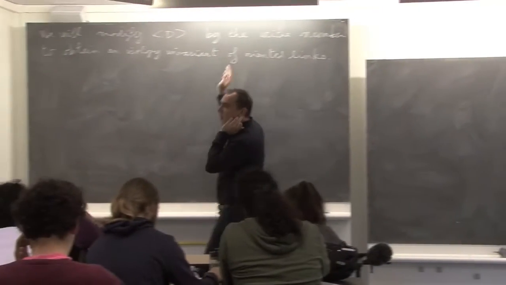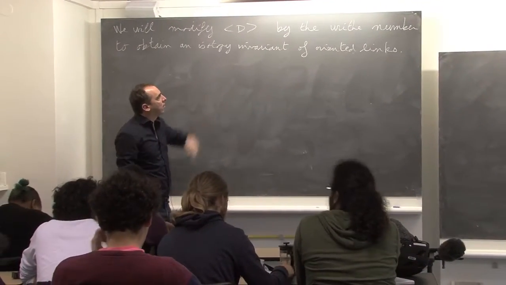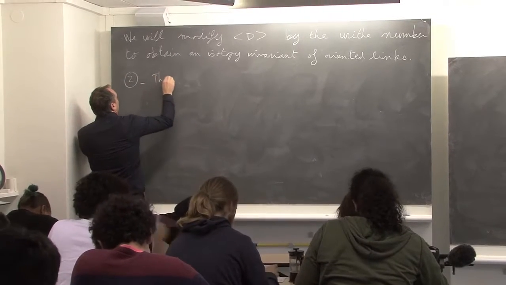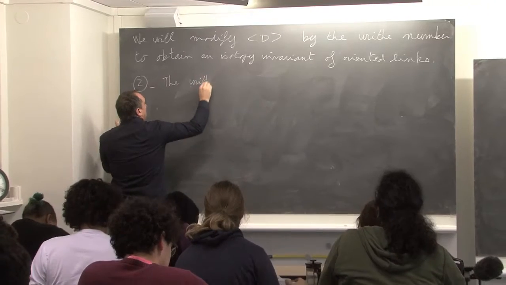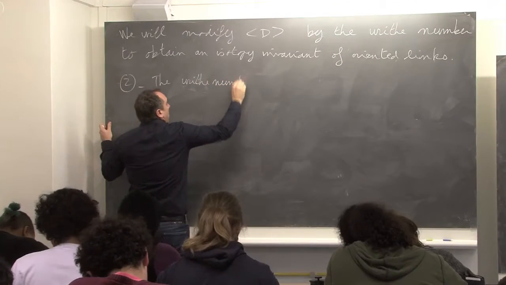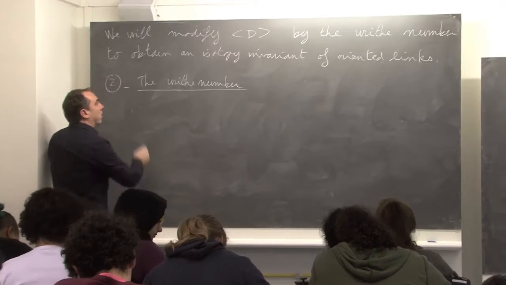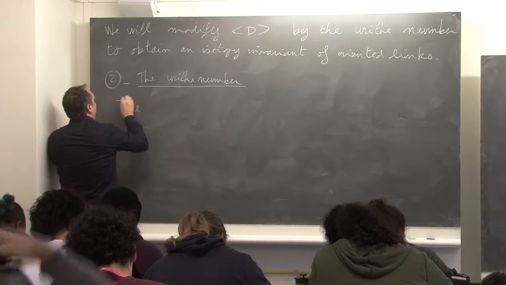Okay. Now I will define what is the writhe number. So it is defined as follows.